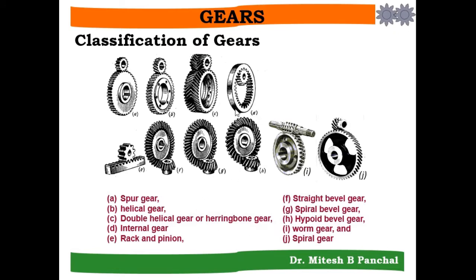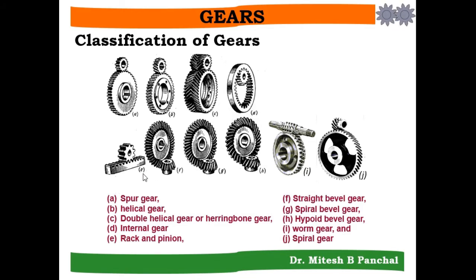Fourth one, D, is the internal gear. For the internal gear train, one gear has an annular ring, which has the internal gear teeth on the inner periphery. The internal gears are used to have a compact design.